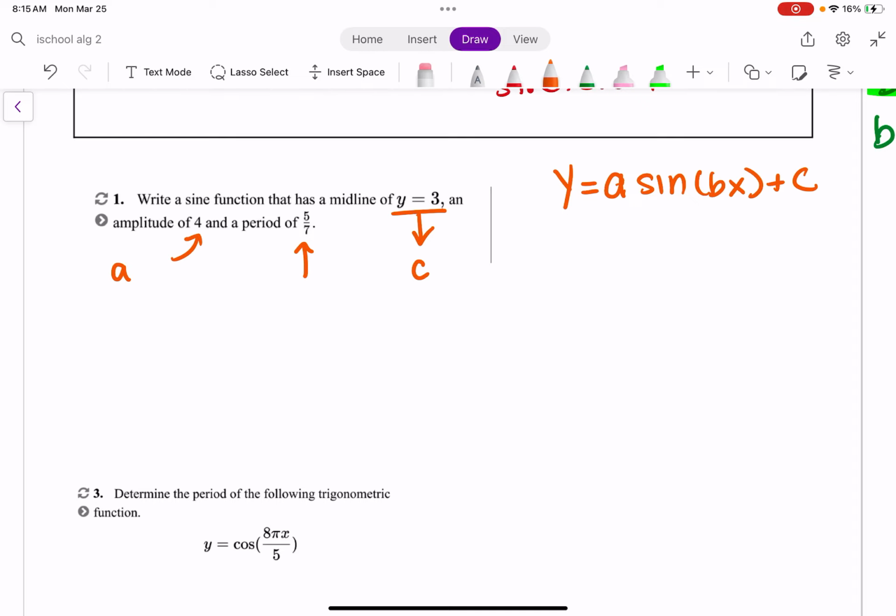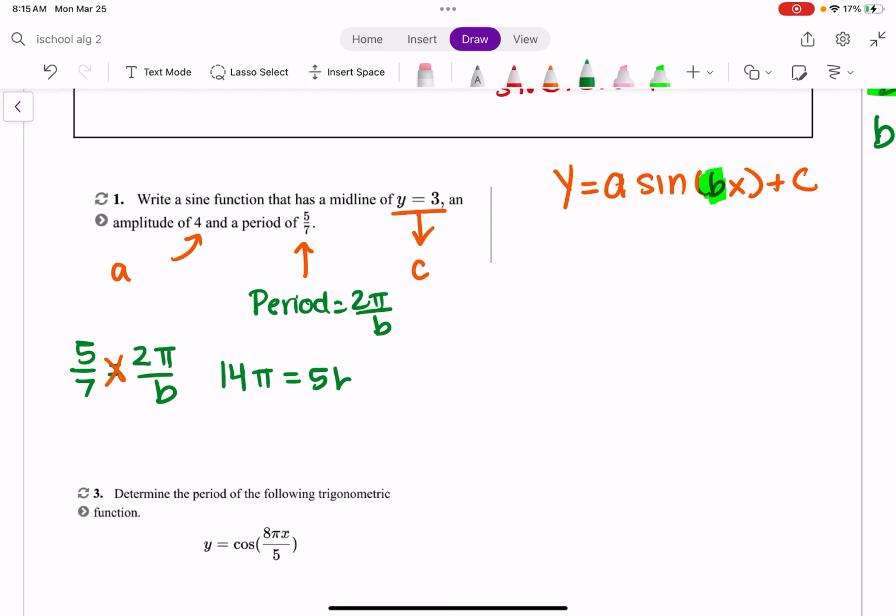But here's the thing, you're given the period, which means you need to solve for the b. So we're going to use this formula, period equals 2 pi over b. I'm going to plug that in. So I know the period is 5/7 equals 2 pi over b. We're going to cross multiply, so I'm going to get 14 pi equals 5b.